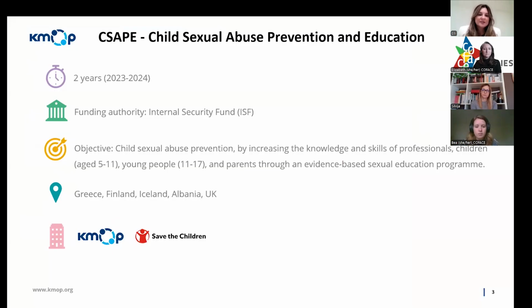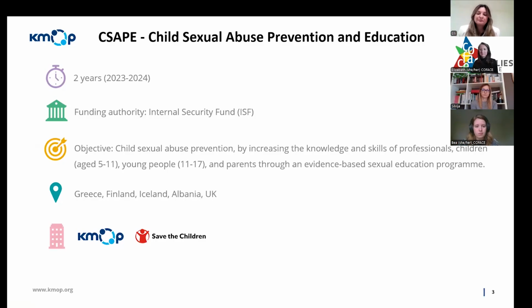And our main objective was to contribute to child abuse prevention by increasing the knowledge and skills of professionals, children aged 5 to 11 years old, young people from 11 to 17 years old, and parents through an evidence-based sexual education program.